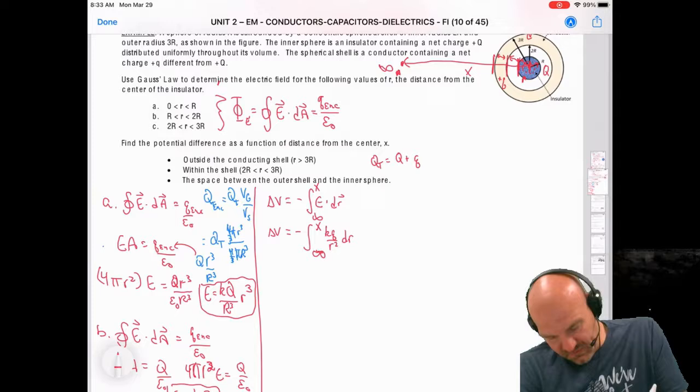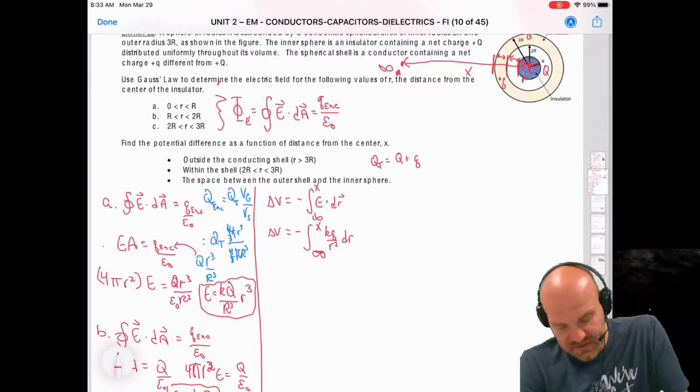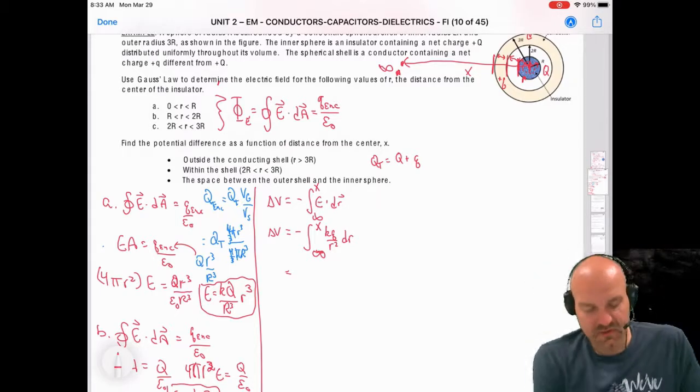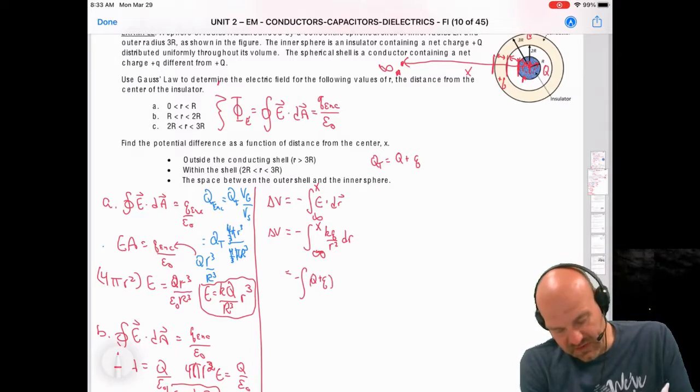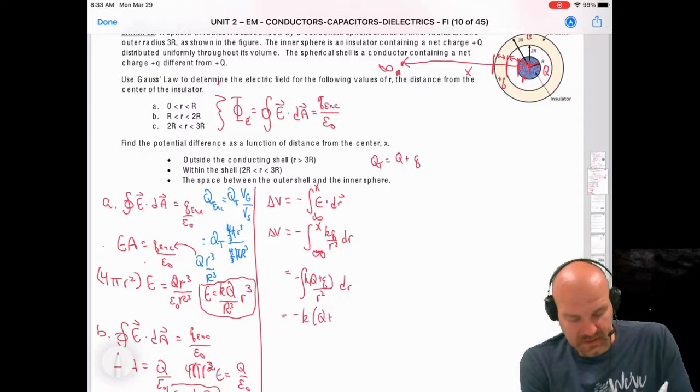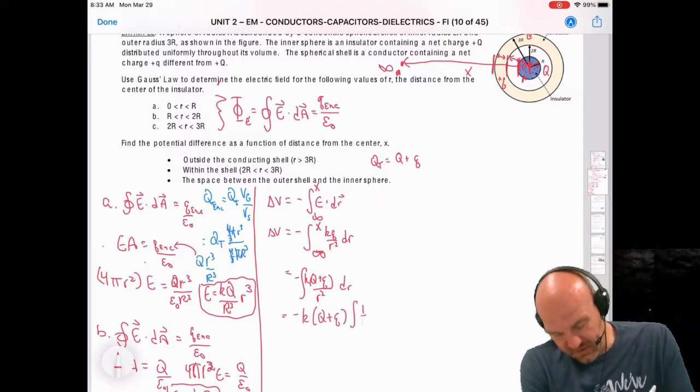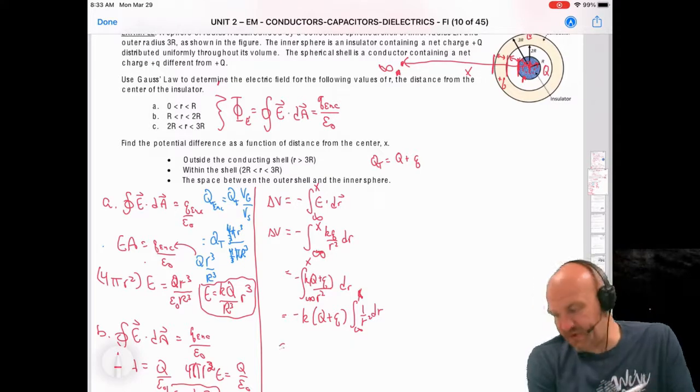My E field, because we just treat it as a sphere, will be E dot dr, so it's going to be kq over r squared dr. But my Q is going to be Q plus little q, times K over r squared dr. And the negative k times Q plus q is constant, so I'm really just integrating 1 over r squared dr, from infinity to x.